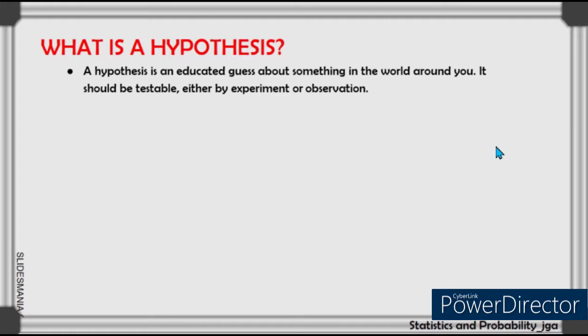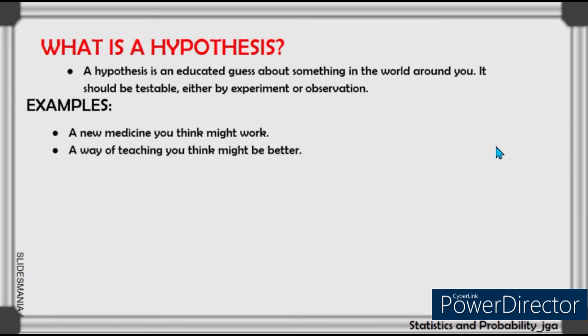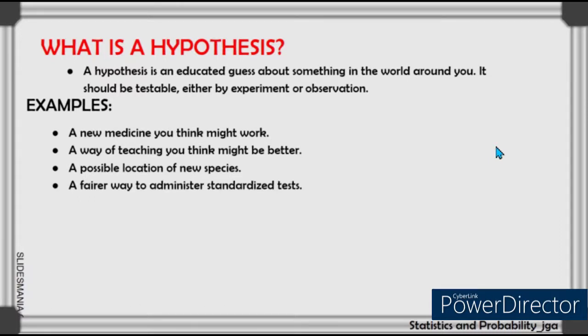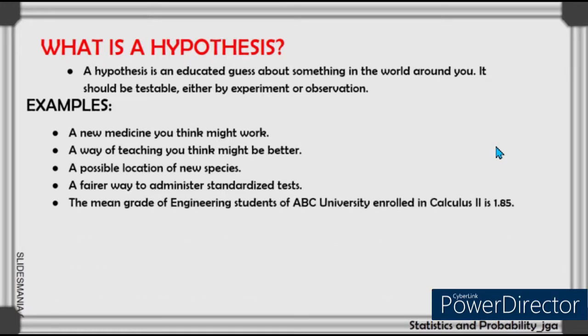So we have here different examples of hypotheses. A new medicine you think might work, a way of teaching you think might be better, a possible location of new species, a fairer way to administer standardized tests, the mean grade of engineering students of ABC University enrolled in Calculus 2 is 1.85.